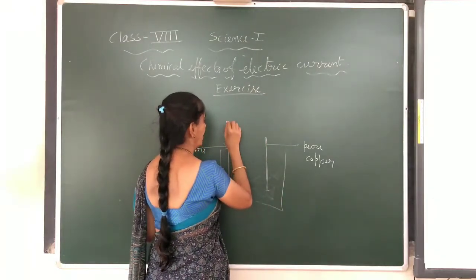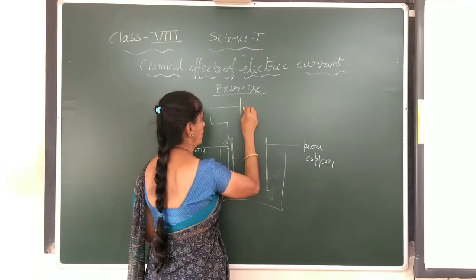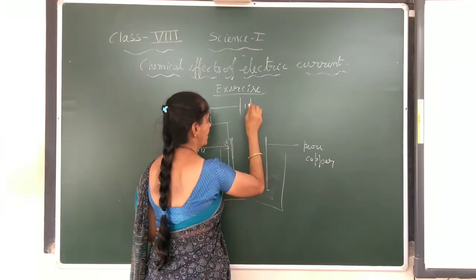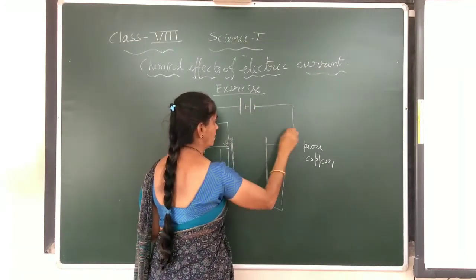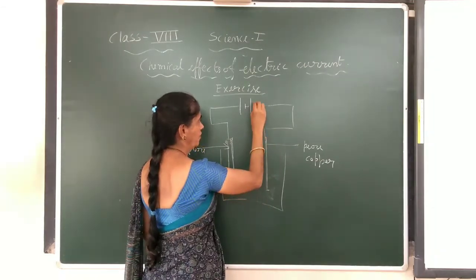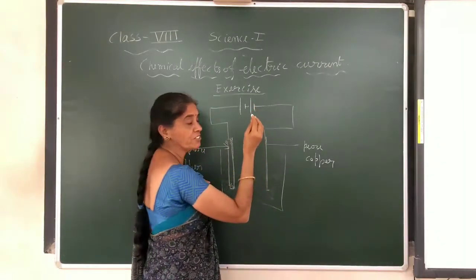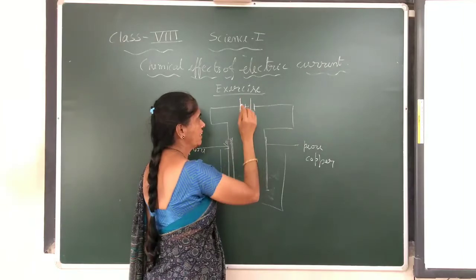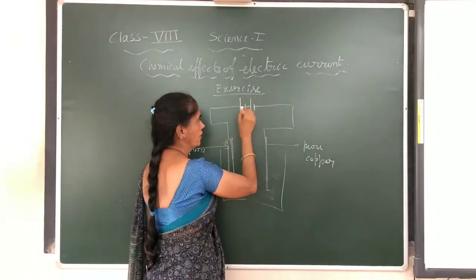While making the connection, this is the positive terminal and this is the negative terminal of the battery. The small line indicates the negative terminal of the battery, the big line indicates the positive terminal.